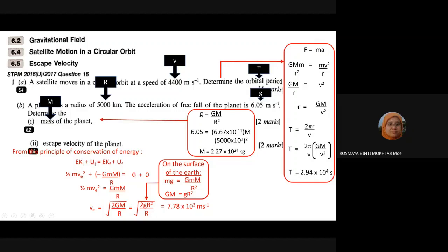If you use the escape velocity VE, the kinetic energy is just enough for the rocket to be free from the gravitational pull of the Earth. That's why the final kinetic energy here is zero. Understand this? And then plus the gravitational potential energy when the rocket is free from the gravitational pull of the Earth, which is also equal to zero. So this is in outer space once the rocket is free from the gravitational pull of the Earth.